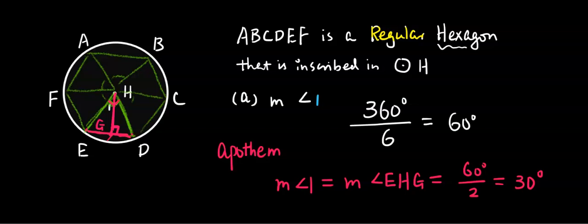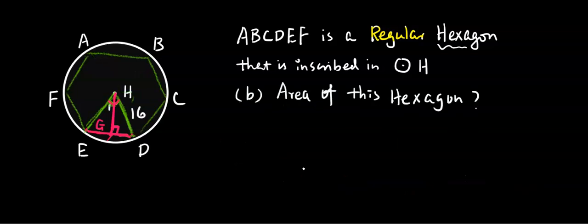Alright, don't leave, because we have item B, and we need to solve it. We definitely can find the area of this little triangle called HED, then multiply by 1, 2, 3, 4, 5, 6. We have a total of 6, so we multiply by 6. But we have a much better way to find the area of a regular polygon.